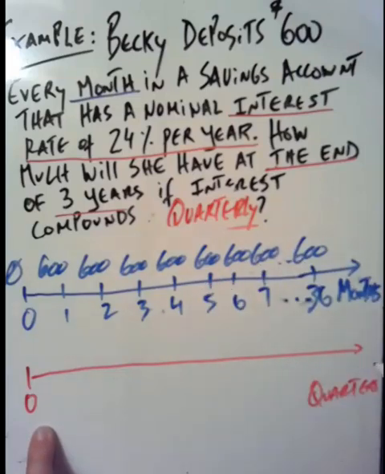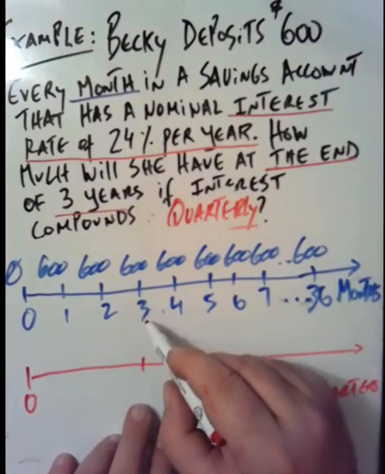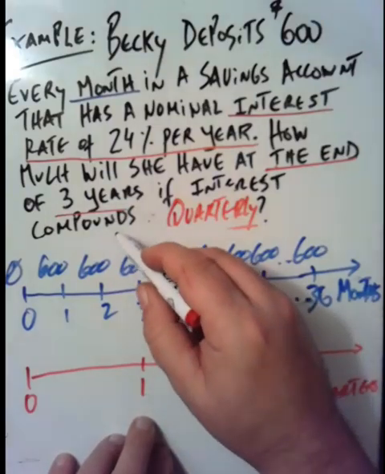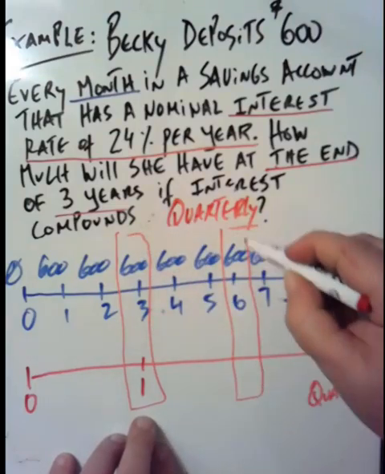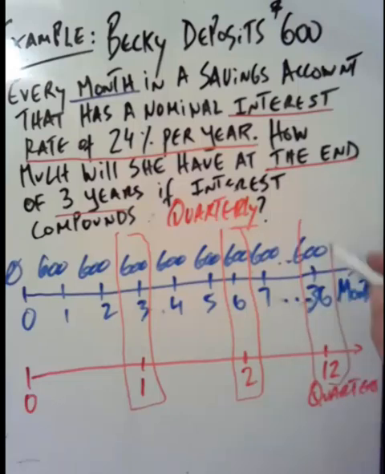Quarterly compounding means we're going to have 4 quarters in the year, and every quarter corresponds to a period of 3 months. So the first quarter is here, the second quarter is here, and so on, till we will have 12 quarters at the end of 3 years.